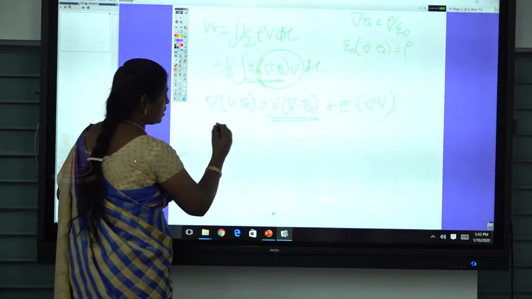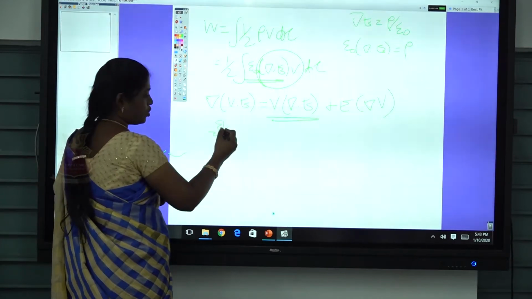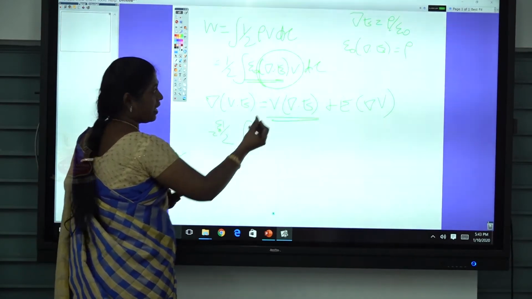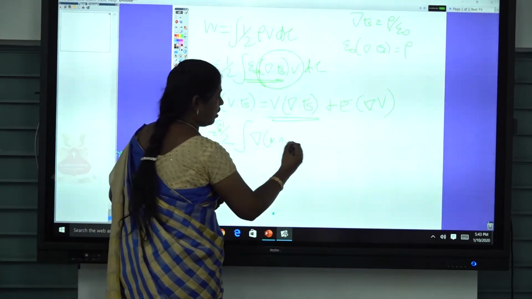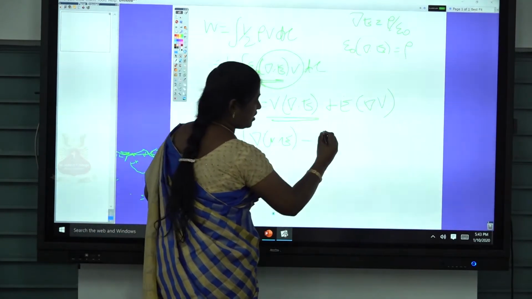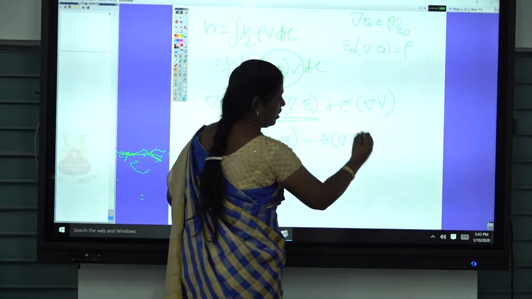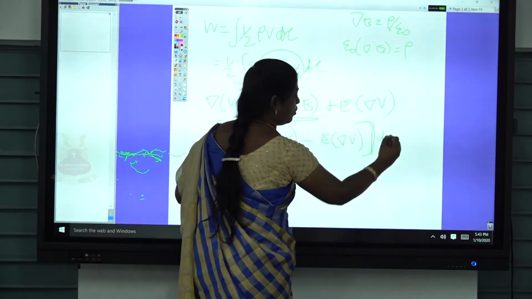Epsilon naught is constant, taken outside. So, epsilon naught by 2 integral of del dot E V is replaced by del of V dot E minus E into del V, into d tau.